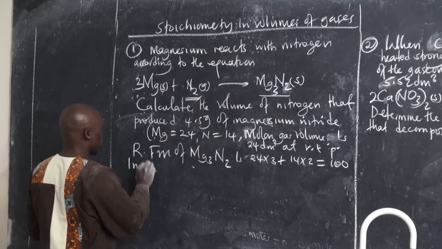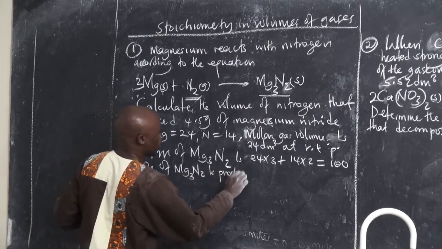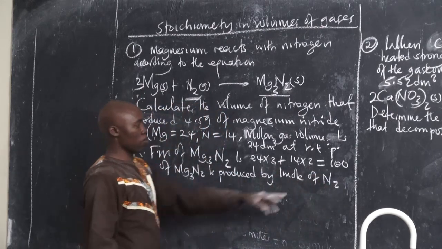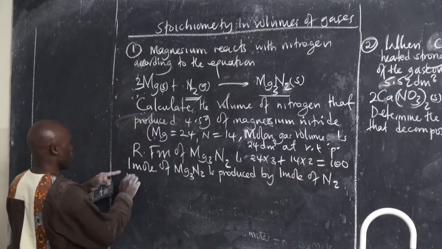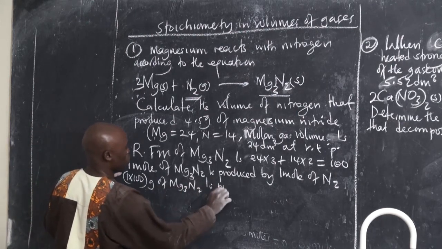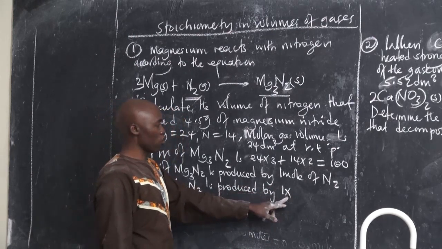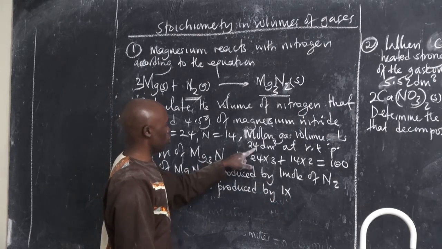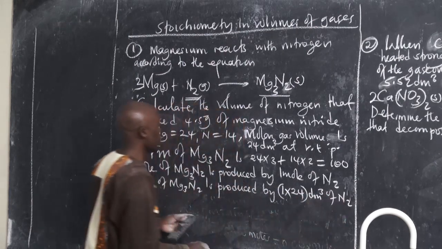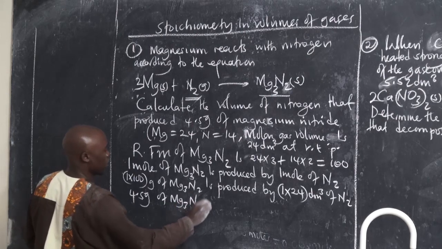Then bringing in the mass: 1 times 100 grams of magnesium nitride is produced by, for the gas, since we're interested in volume, 1 mole corresponds to 24 decimeters cubed of nitrogen.